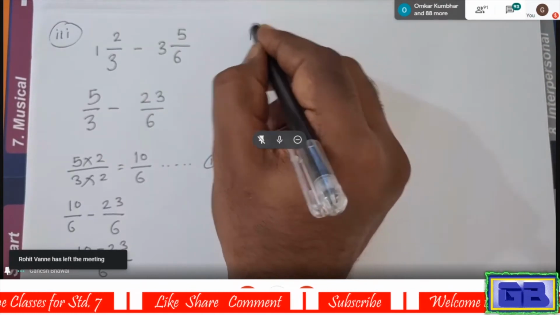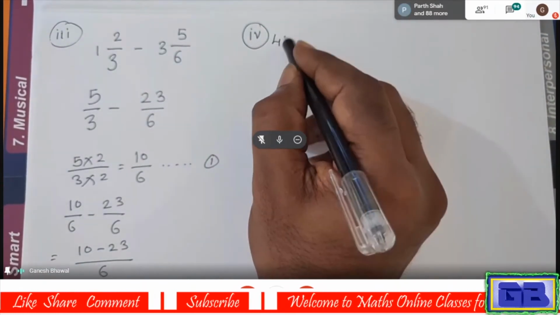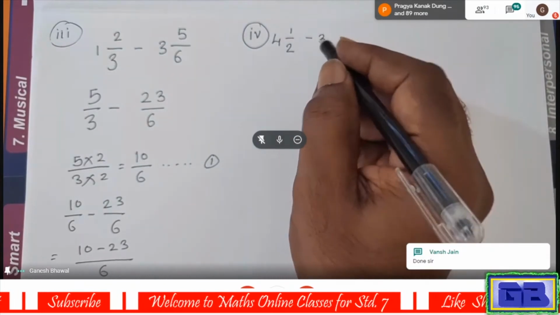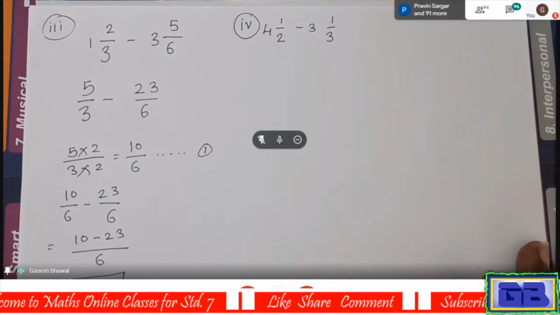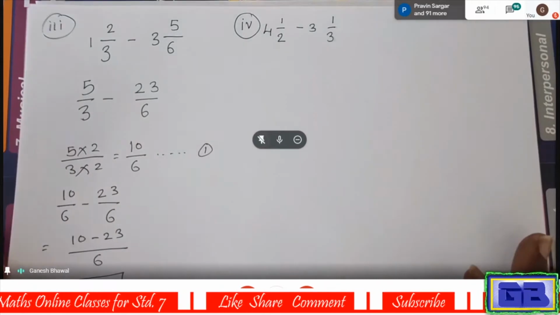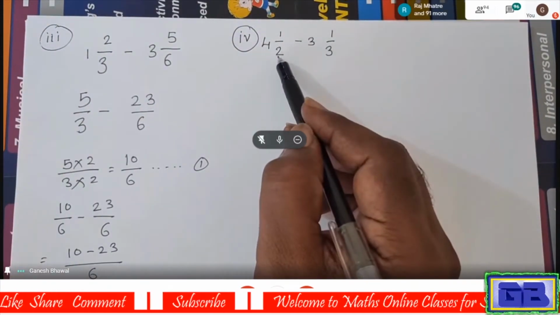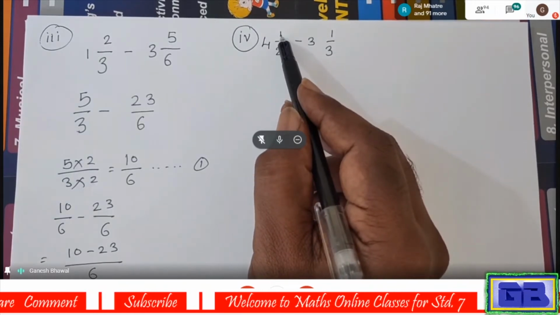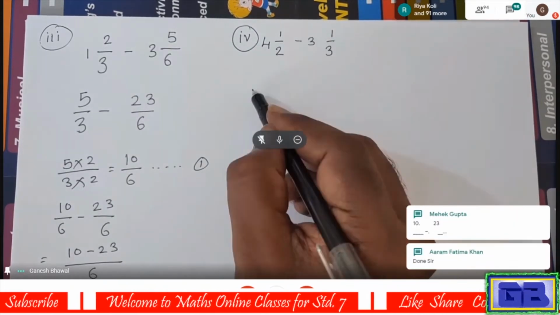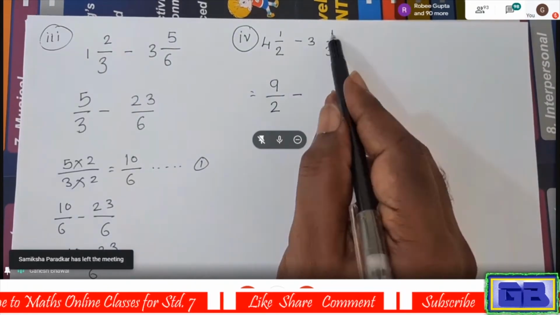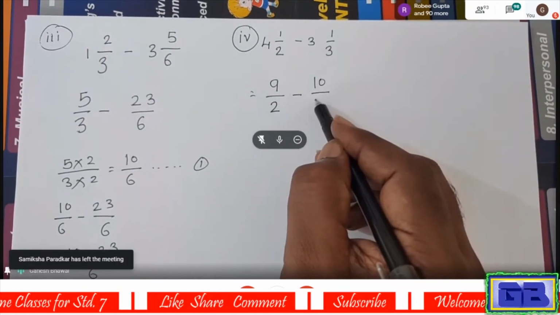Fourth sum is also a mixed fraction. 4 and 1 by 2 minus 3 and 1 by 3. Again convert it into an improper fraction. Multiply this 4 and 2 and add the numerator. 4 twos are 8 plus 1 equals 9 by 2. Minus, 3 threes are 9 plus 1, 10 by 3.